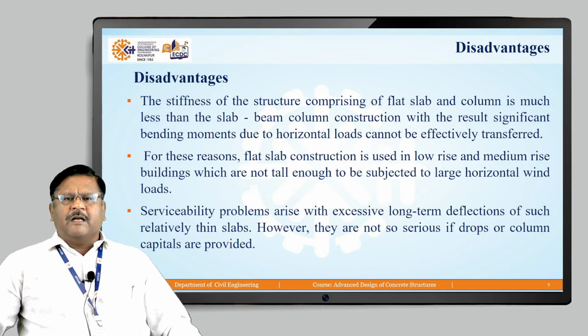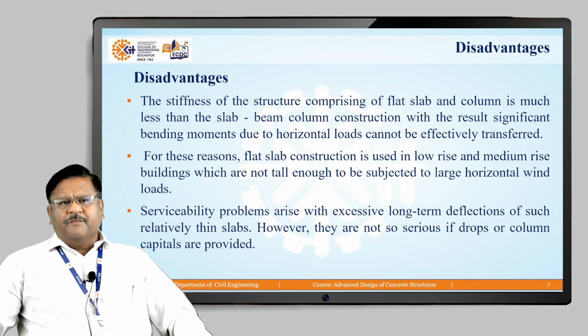Bending moment related to the vertical downward load is directly transferred to the column, but we cannot consider the stiffness for horizontal load. The second disadvantage is, for this reason flat slab construction is used in low rise and medium rise buildings which are not tall enough to be subject to a larger horizontal wind load, because in the flat slab we consider only vertical load, not horizontal load, and wind load is horizontal. Hence the design parameters are not sufficient to take the stiffness against horizontal wind load. That's why it is a major disadvantage of the flat slab.